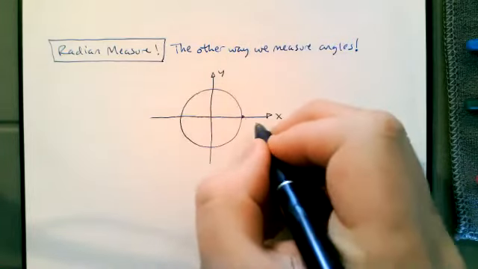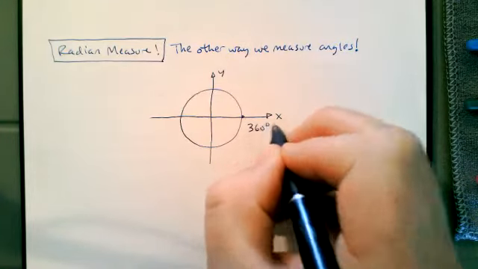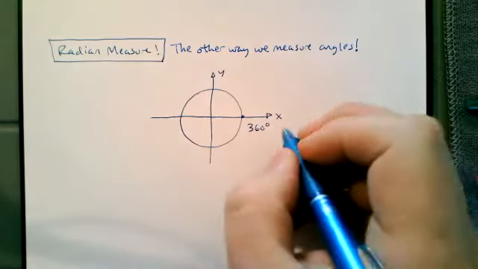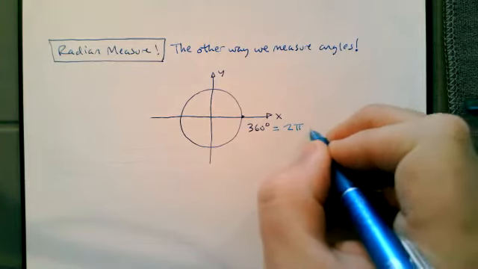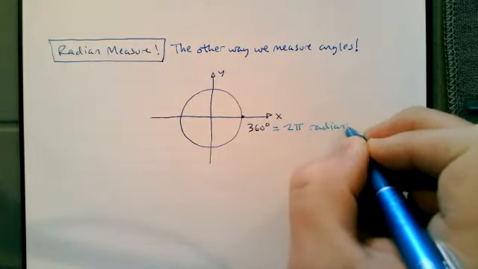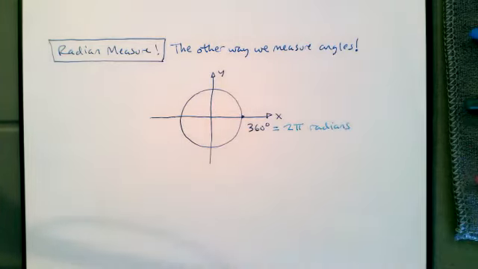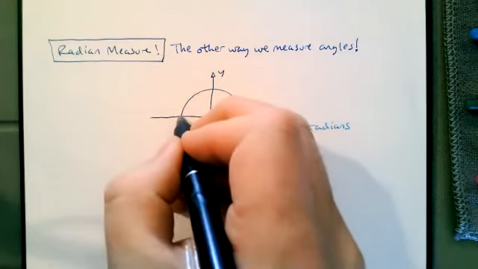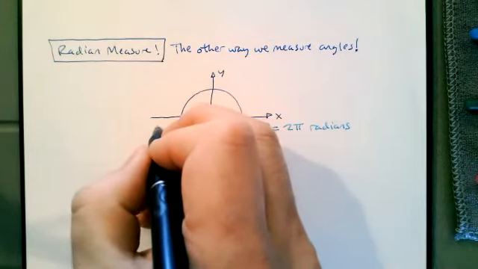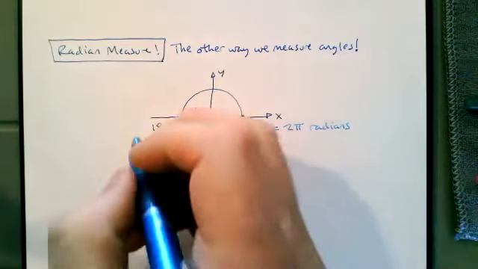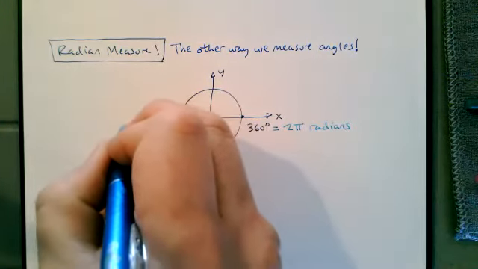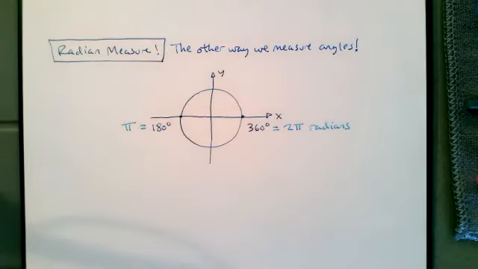So an angle that measures 360 degrees is an angle that measures 2 pi radians. If I cut this in half, we'll be at 180 degrees. And 180 degrees is going to be pi radians.